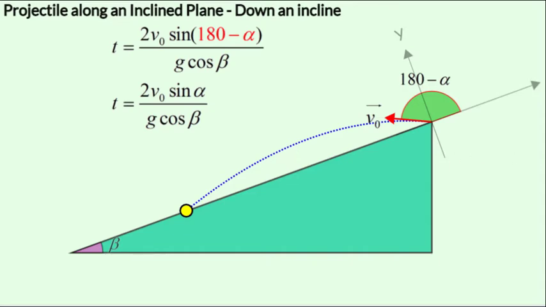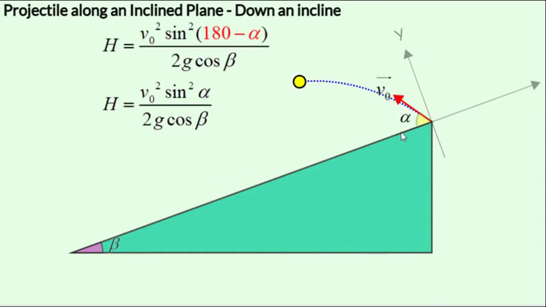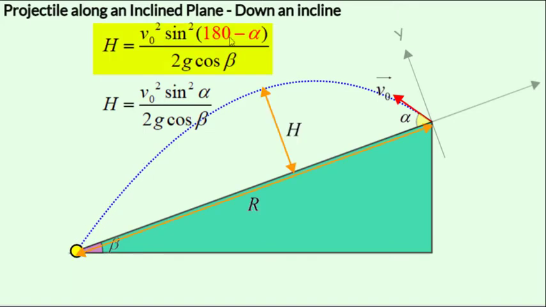What about the maximum height? Would that be the same too? In the maximum height equation, we do the same. We substitute 180 minus alpha for alpha, and since sine of 180 minus alpha is the same as sine of alpha, again we arrive at the same expression for the maximum height as we did for the launch up the incline.